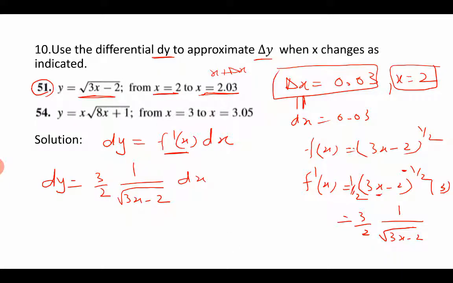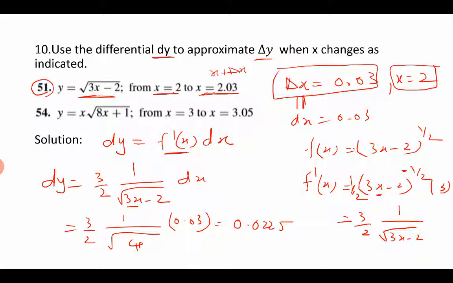Now substitute all the values. 3 over 2, x value is 2. This is 2 into 3, 6 minus 2, it's 4, and dx is 0.03. Calculate this one using your calculator. You're getting 0.0225.